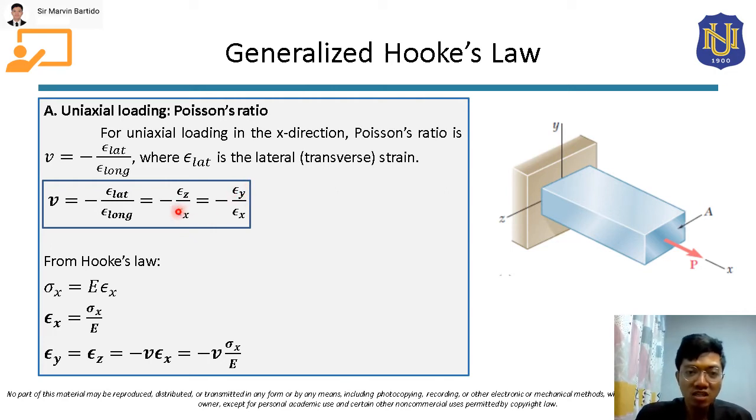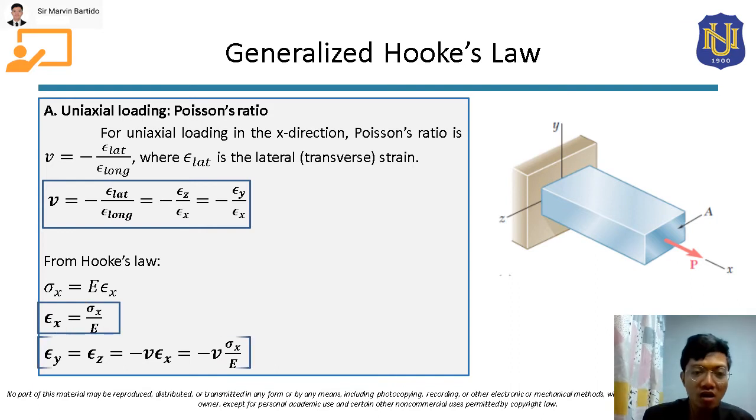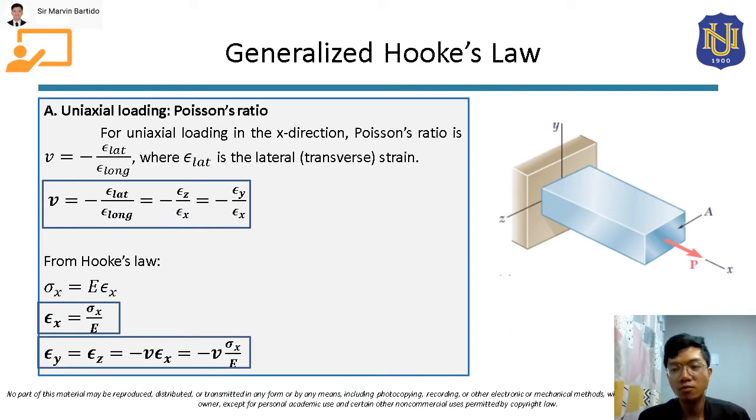So we just cross multiply the denominators to the Poisson's ratio v. That will be negative v times epsilon x, wherein the value of epsilon x from Hooke's law is sigma x over E. So take note, class, of these formulas. We are going to use these.